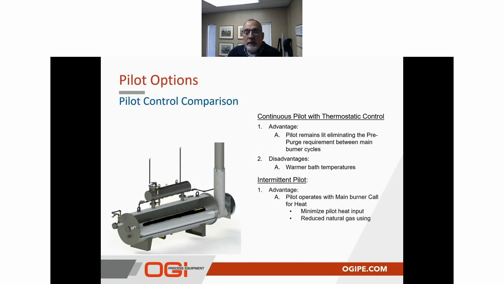The intermittent pilot advantages: the pilot operates with the main burner call for heat. Obviously, we discussed that earlier, but it minimizes heat input to only when you actually need the main burner to run. It also reduces your natural gas usage. That goes without saying. The biggest disadvantage, though, is that it does require a 5-minute pre-purge period between each pilot operation.